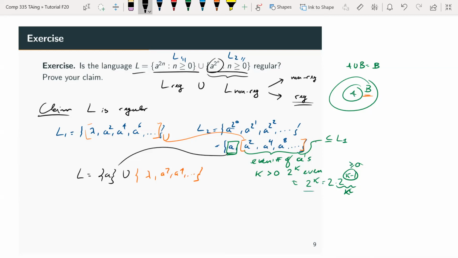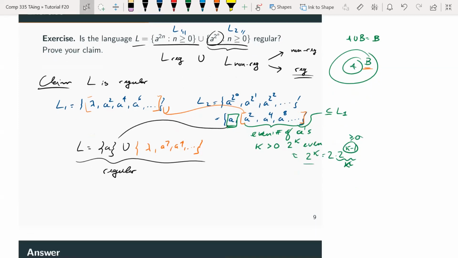And so why is this regular? Why am I saying that this is regular? Well, that's because I can create an FA that accepts it, or a regular expression that denotes it, or a grammar that generates it. In particular, I'm going to create a regular expression because it's going to be sort of the simplest and the cleanest.